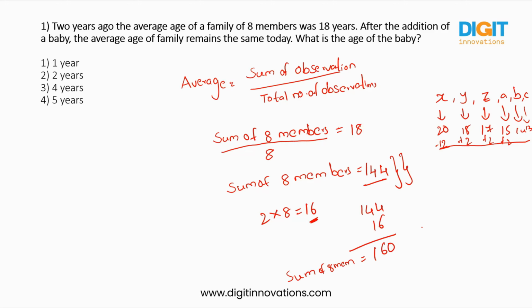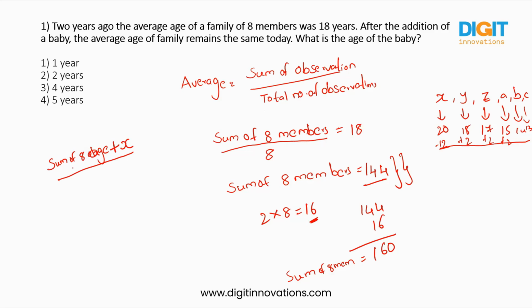Okay, this is the information we got, and the additional baby got involved, and the average is the same, that means 18 only. So we are just going to use the formula. The sum of the 8 members' ages plus the baby, let's take the baby's age as X, divided by the total number of observations.